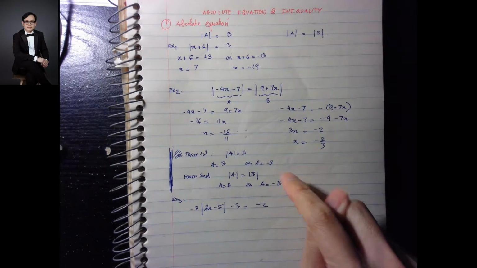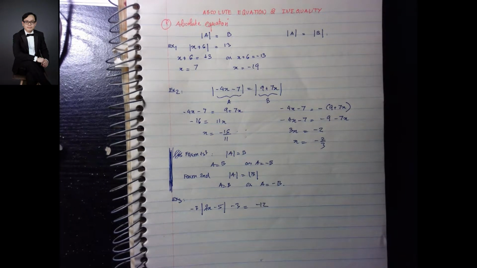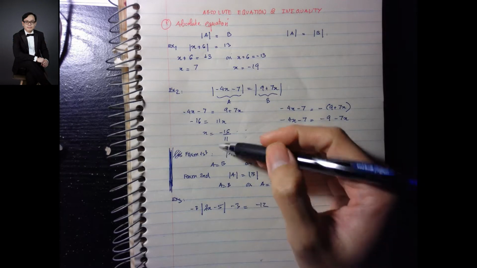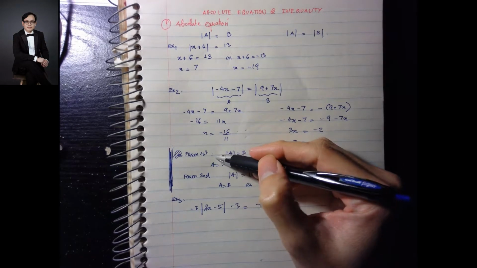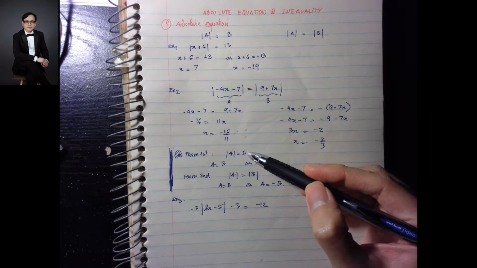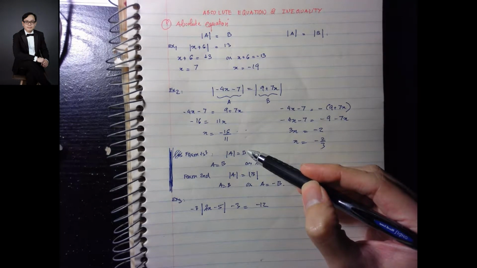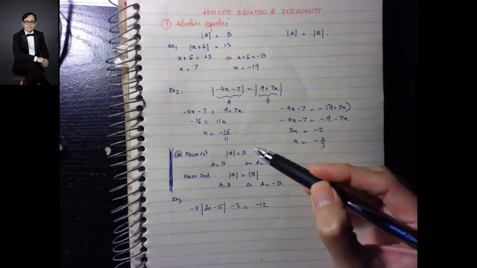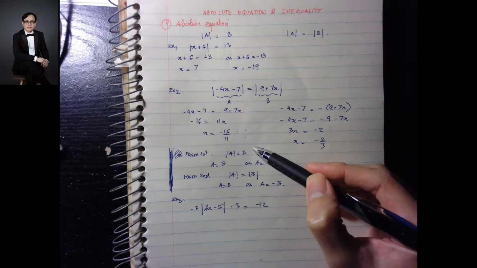However, it's not totally in the form yet, because in this form we have absolute of A equals B. We don't have any other number on the left side. We don't have a bar on the right side. We have only a number or a number with a variable.